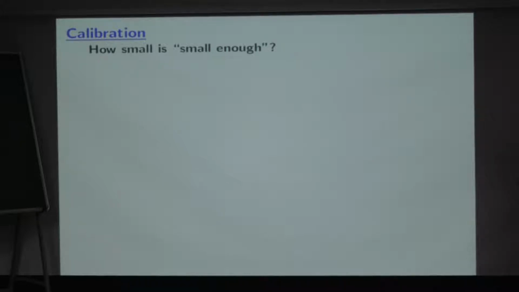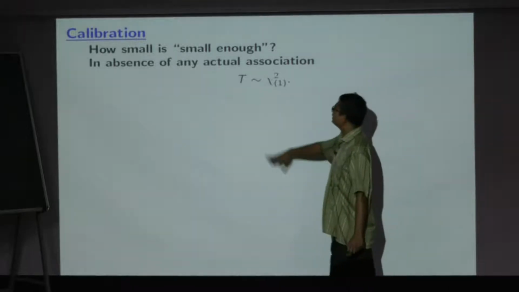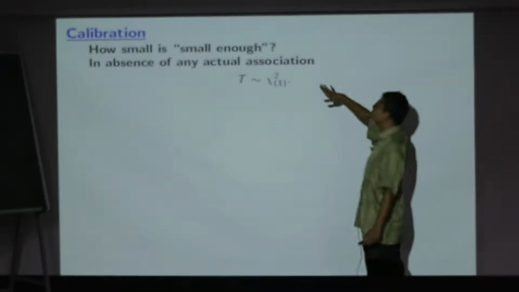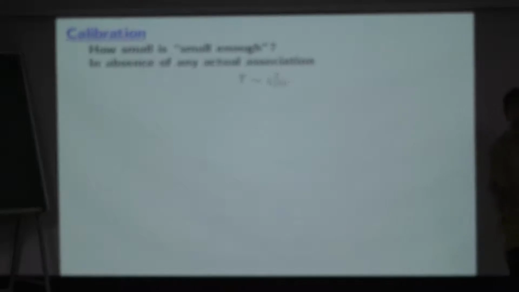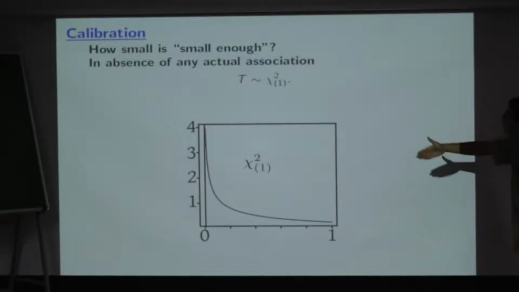And this is typically answered by using the so-called chi-square distribution. In the absence of any actual association, we are told during our undergraduate days that statistic T follows chi-square with degrees of freedom 1. It's some standard complicated formula. You get lots of tables and lots of software programs that will compute it for you, and then you compare. Typically, this is how the density will look.